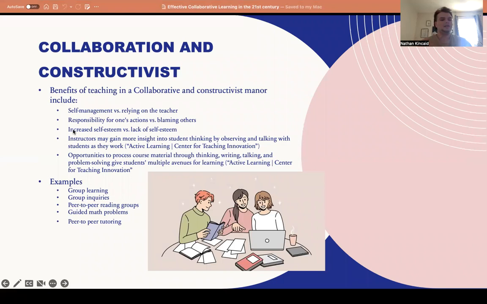So the benefits of teaching in a collaborative and constructivist manner include self-management, which can be how students manage their time. It could be how students manage their work. It could be how students manage their responsibilities versus relying on the teacher saying, you're going to be the reader and you're going to be the talker and you're going to be the, XYZ.